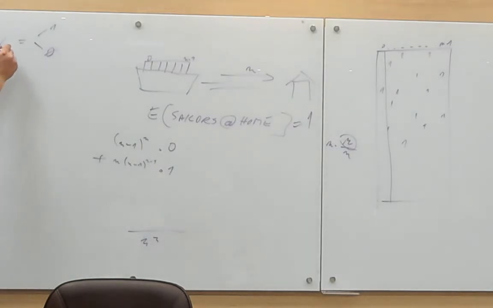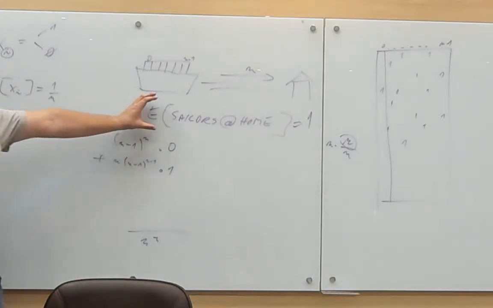For each individual i, the expected value of xi is obviously 1 over n. With probability 1 over n, the value of this variable is 1. With probability n minus 1 over n, the value is 0. So this is the expectation.